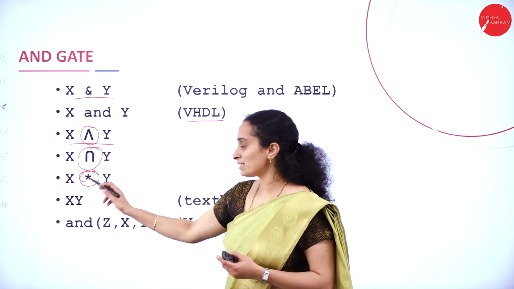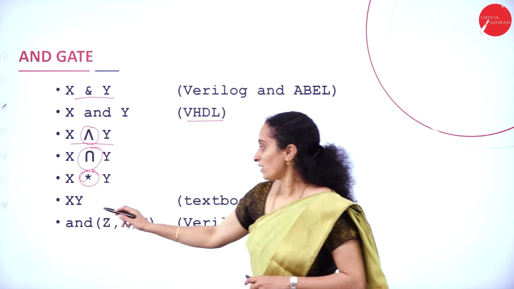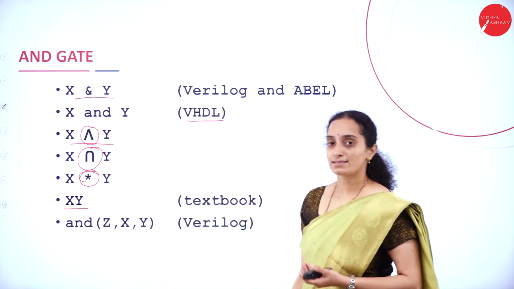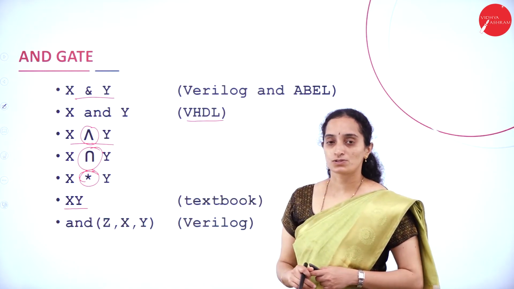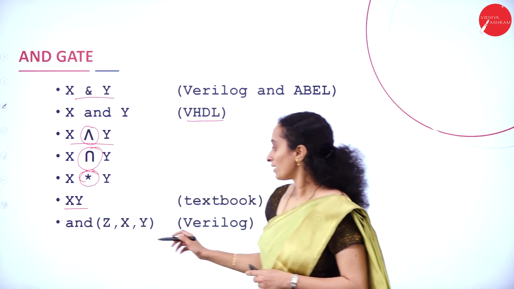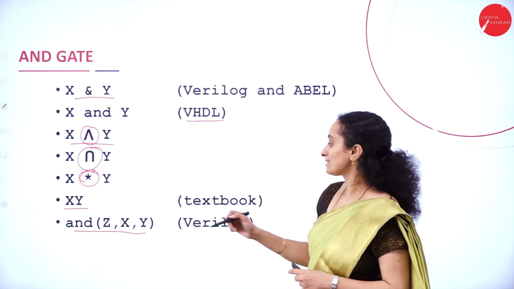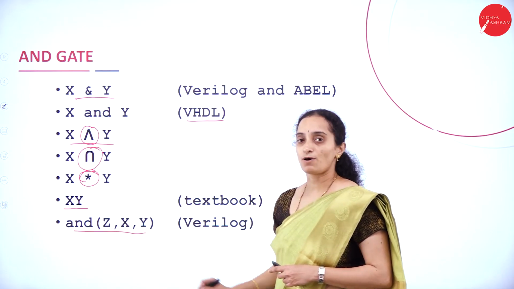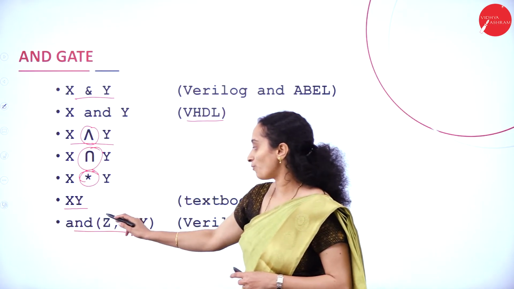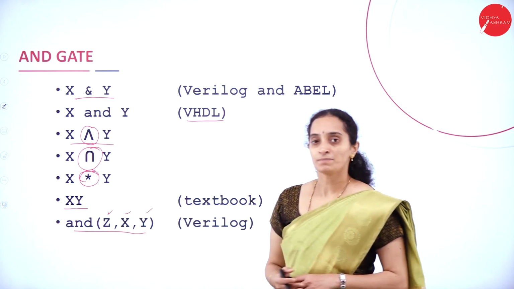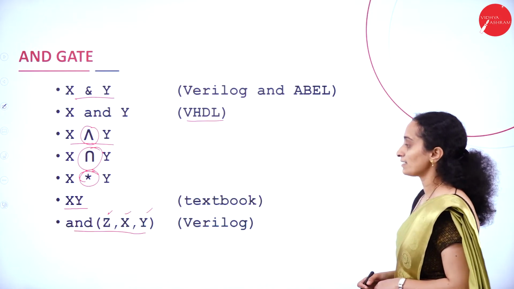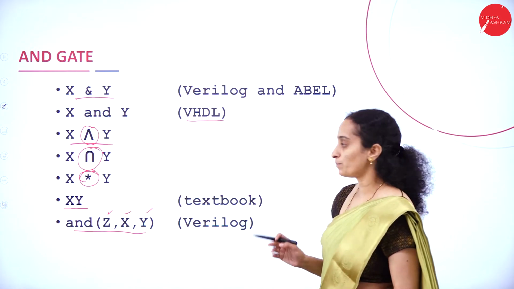The algebraic expression is x into y, or simply xy, which is usually used in textbooks. Apart from that, you can take AND of z comma x comma y. This is the output, and these two are the inputs. This is AND z x y.